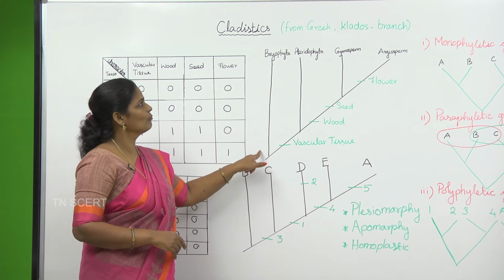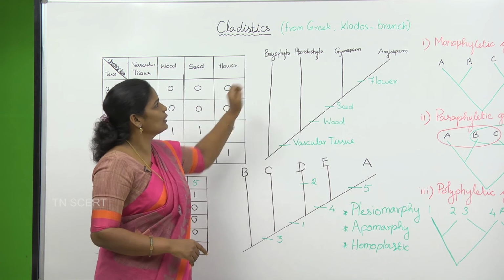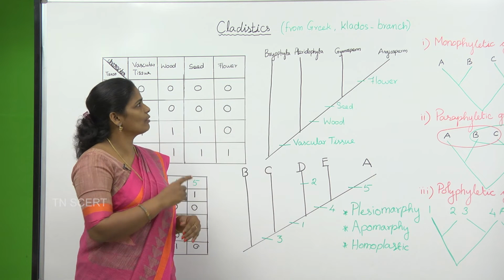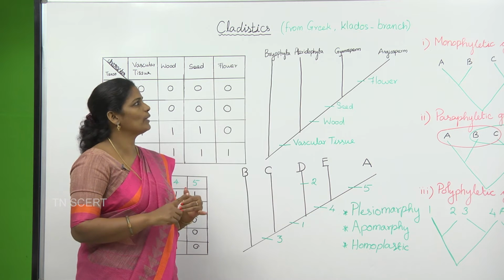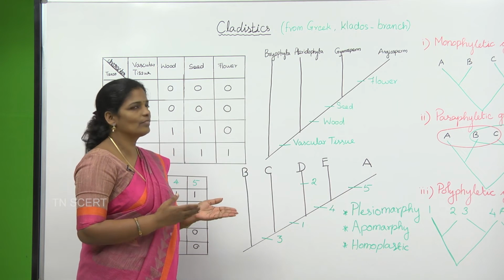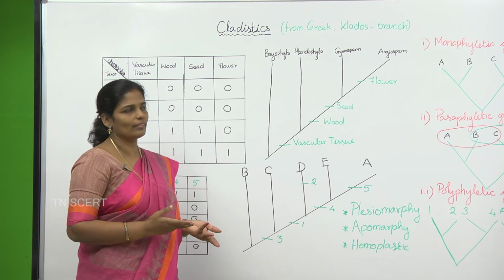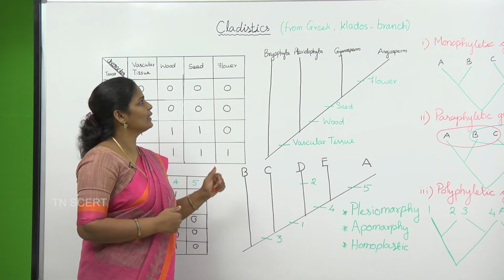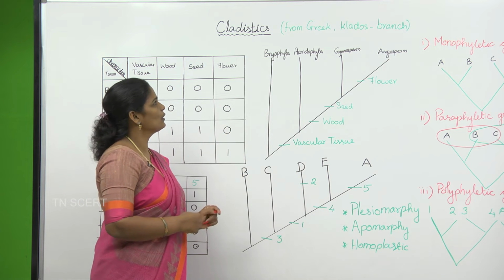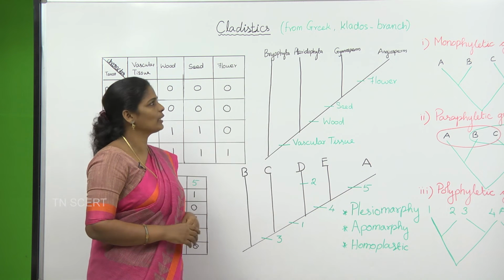This is the cladogram. Here it shows Bryophyta deviating from Pteridophyta, Gymnosperm as well as Angiosperm, because it doesn't possess vascular tissues, wood, seed and flowers. That is why we consider that as the primitive form, so we write it first, in the beginning of the cladogram.